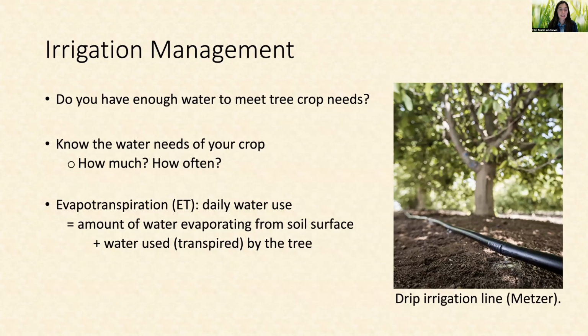So an important point is that water use by fruit trees is actually relatively similar between species overall, and relatively more different between size. So small trees are going to have much less water needs compared to larger trees. And of course, water use is also profoundly influenced and dependent on climate conditions as well.